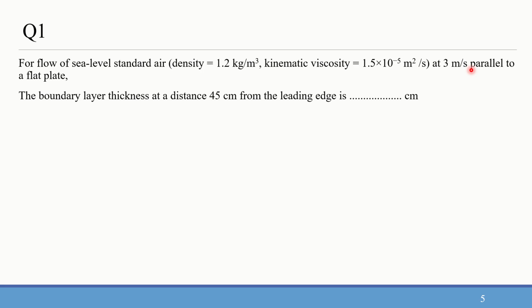It is traveling parallel to a flat plate with a velocity of 3 meter per second. We need to find the boundary layer thickness at a distance of 45 centimeter from the leading edge, and the answer is expected in centimeters. We'll see how to solve that.